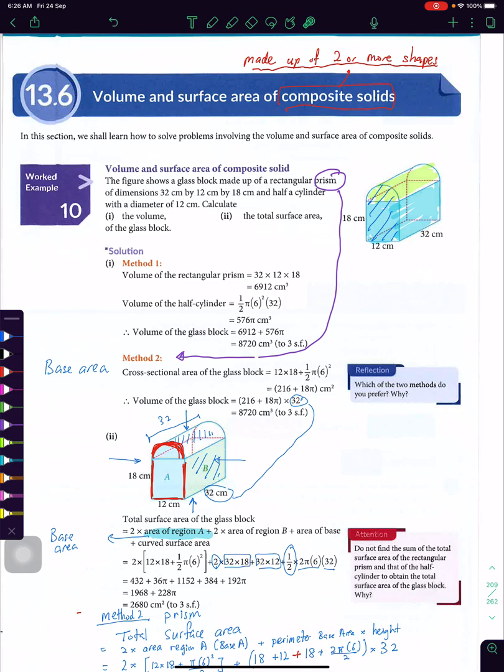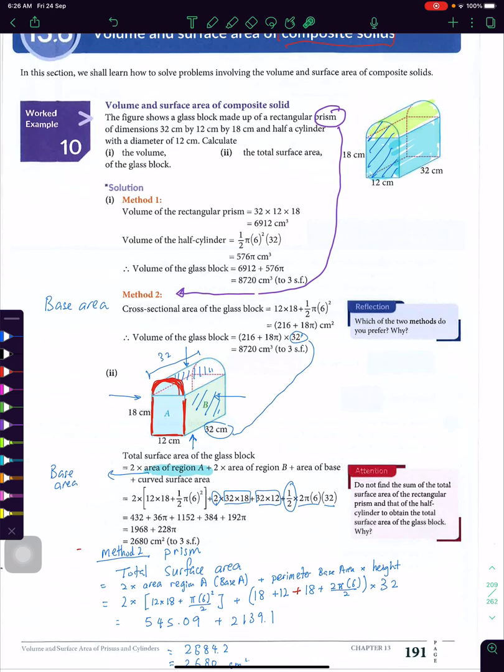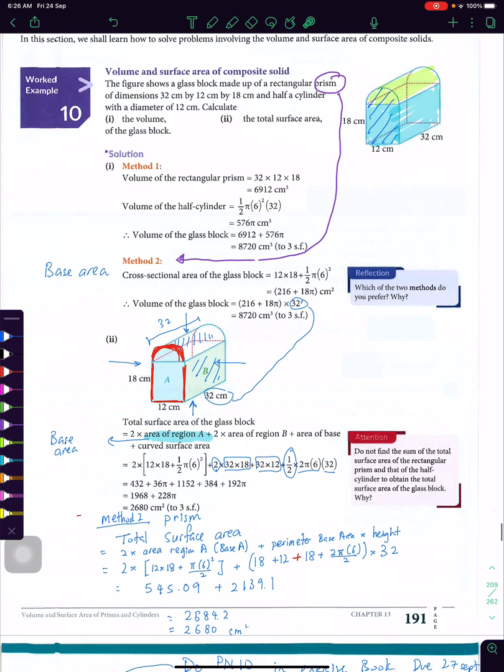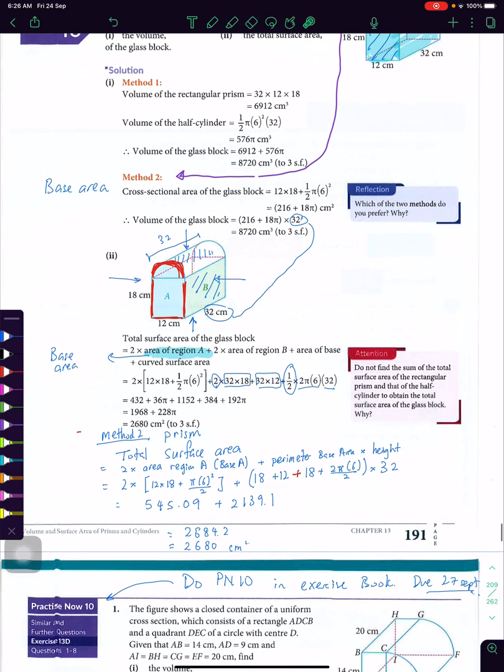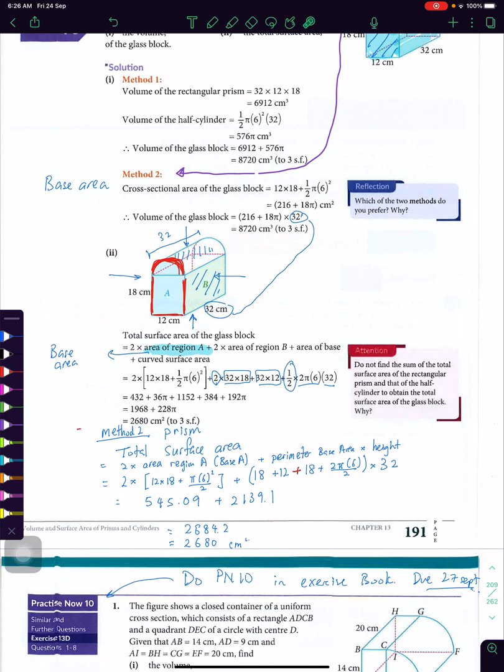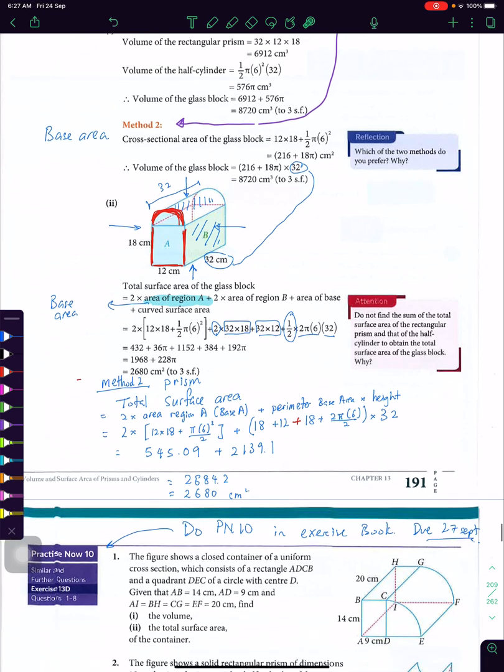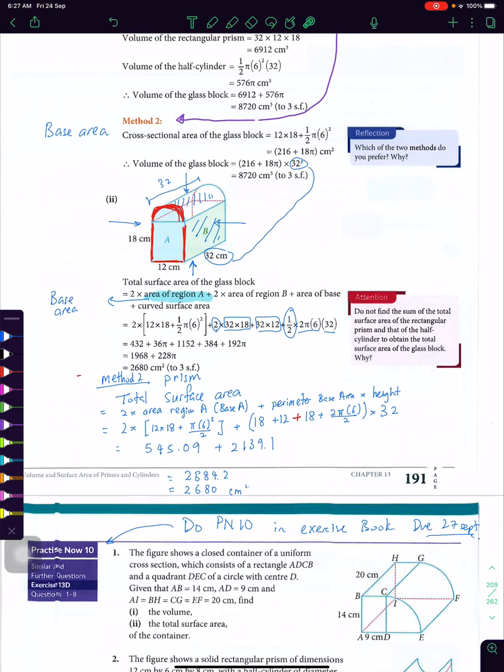Okay, so part 2, I want to find the total surface area. Now, total surface area here can also be done in 2 different methods. Now, I'll go through method 1, and then I want you to copy method number 2 in your textbook as well. So method number 1 says, first I want to identify all the areas.